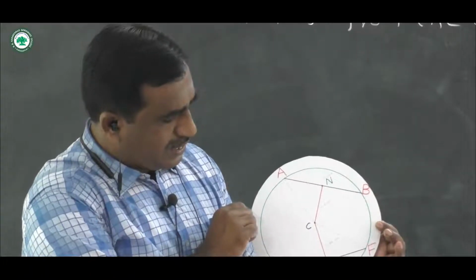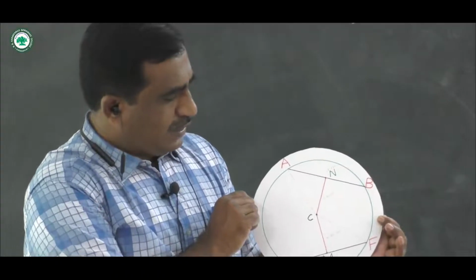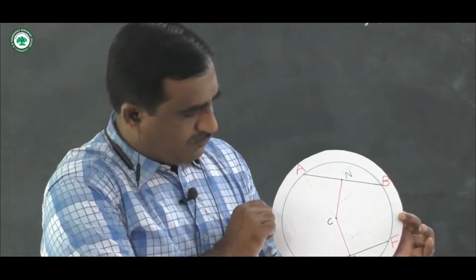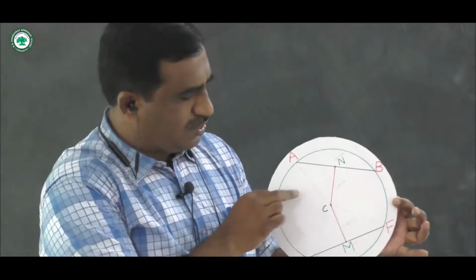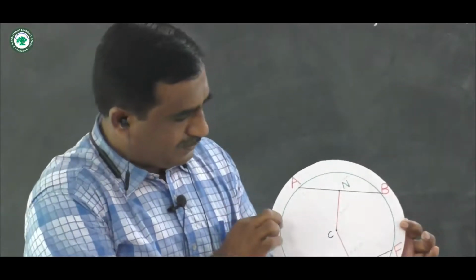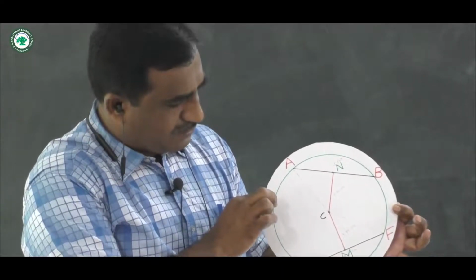These distances are 7.5 centimeter. The congruent chords AB and DF are equidistant from the center of the circle. या फिगरमध्ये दिसतंय आपल्याला, distance CM and distance CN, 7.5 सेंटीमीटर.